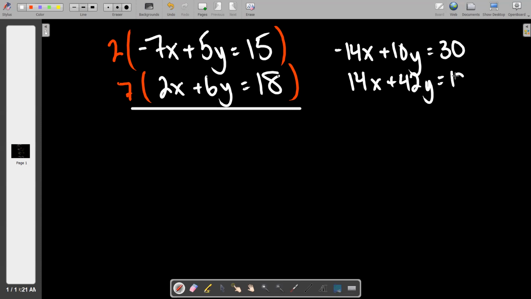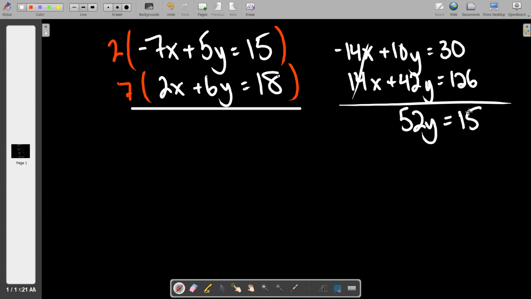So that's 126. Still good? All right. Add these bad boys together. How many y's do you get? 52, exactly. And then what's 30 plus 126? 150.